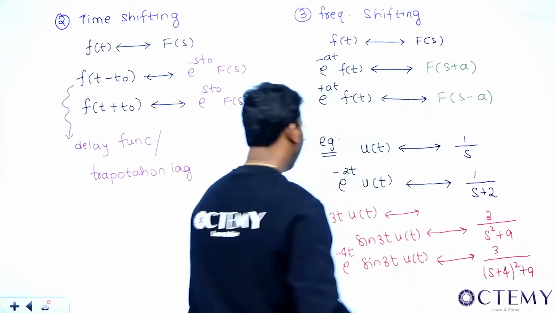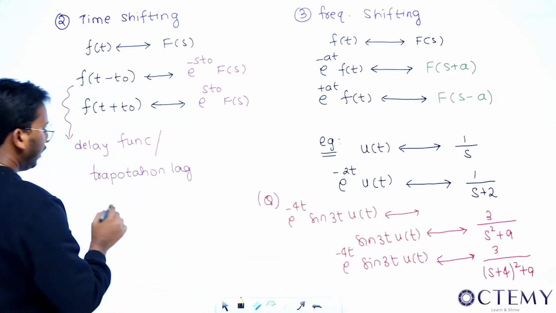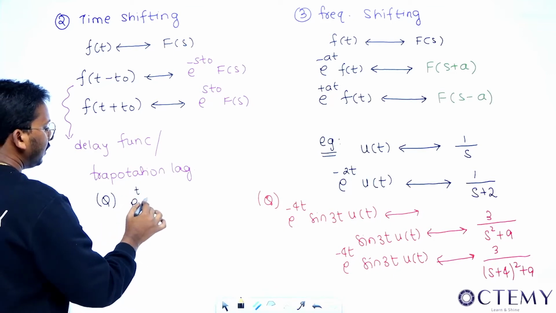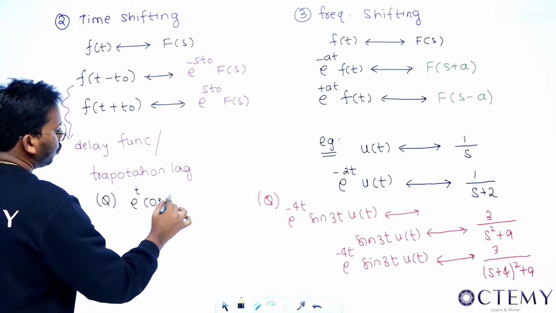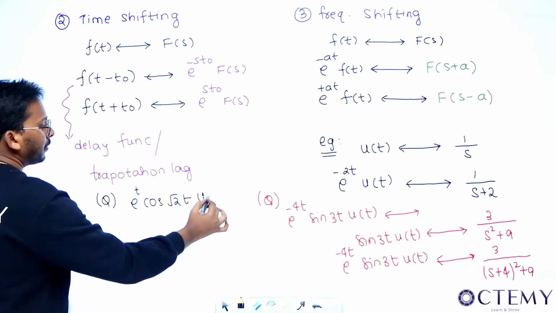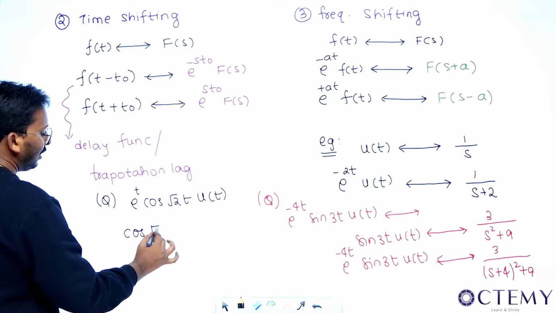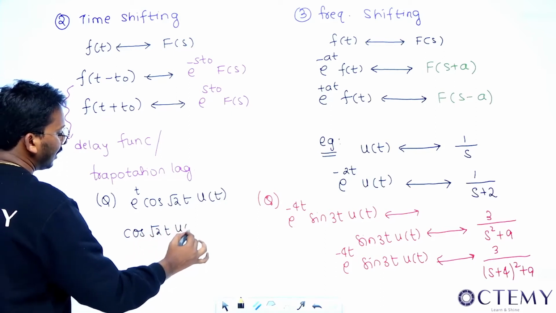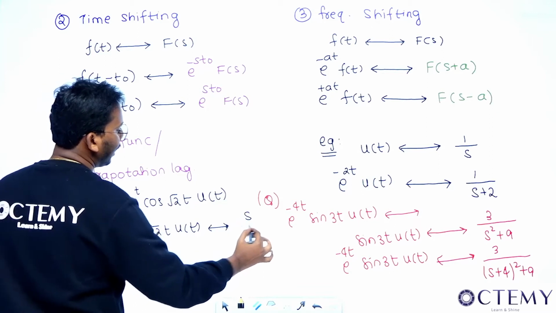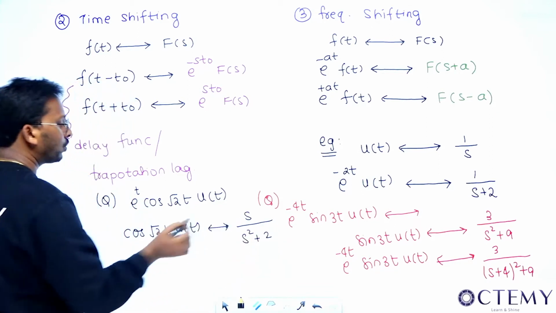If I ask you, sir, what is the Laplace of e power t cos root 2t u(t), right? Then what would you say? You would say, sir, I know that for cos root 2t u(t), the Laplace is s by s square plus a square, that is, root 2 square will be 2.